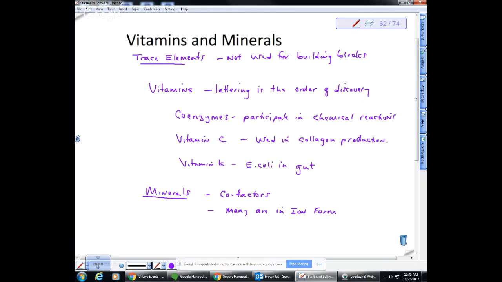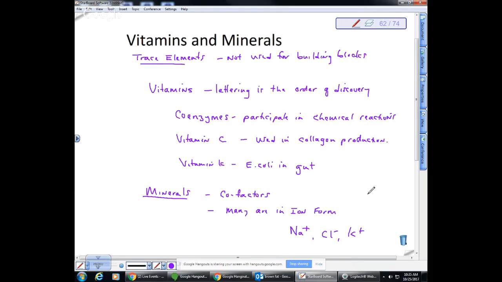Can you give me an example? What's a mineral that's in its ion form in our body? Sodium, right? Chloride, potassium.